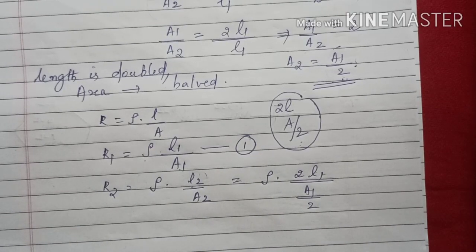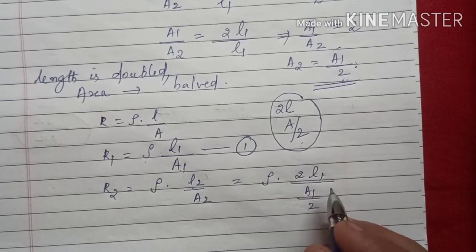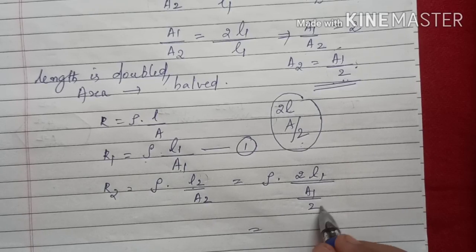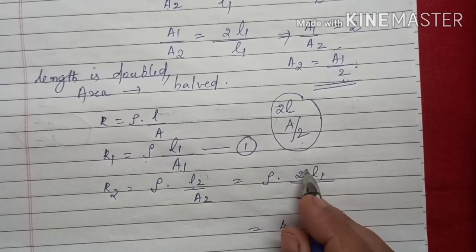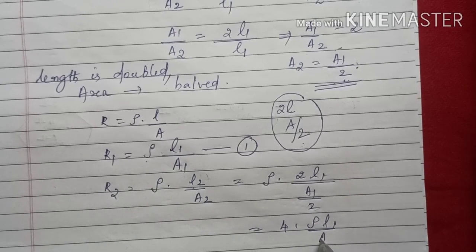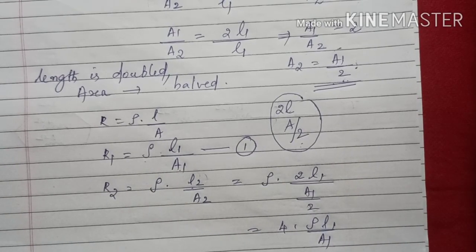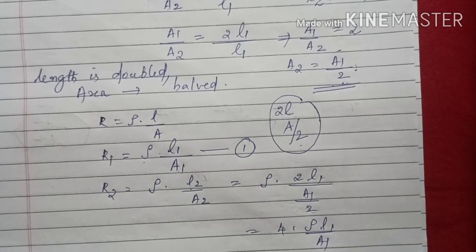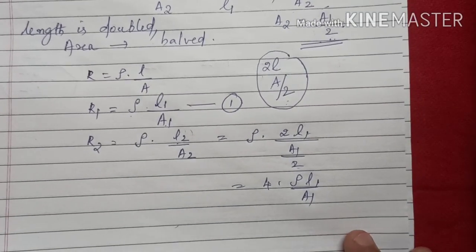Now just a simplification: 4 into 2 will go there, right? 4 into rho L1 by A1. What is rho L1 by A1? It is R1, isn't it?